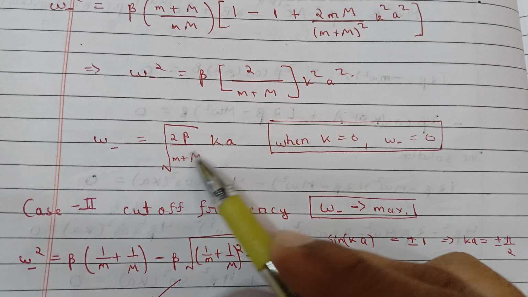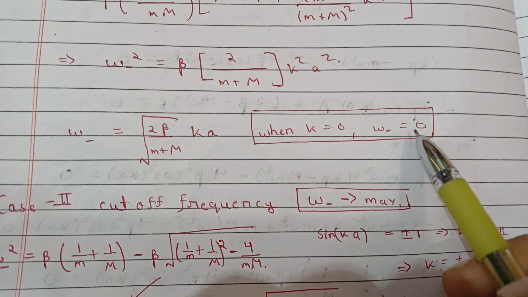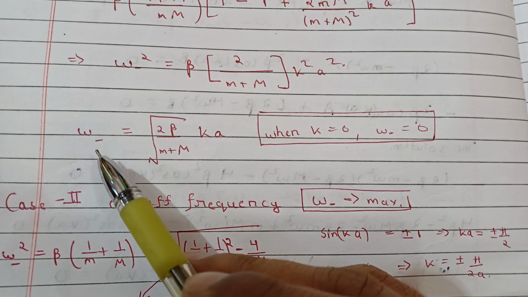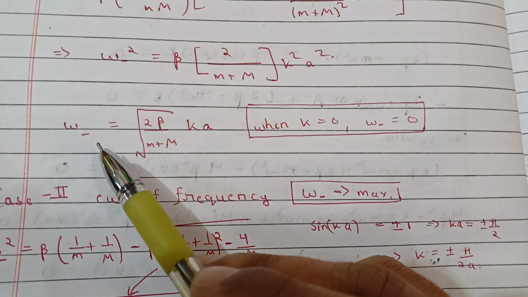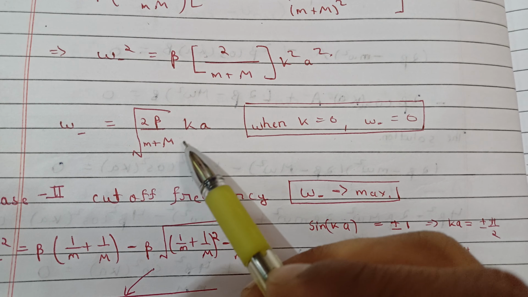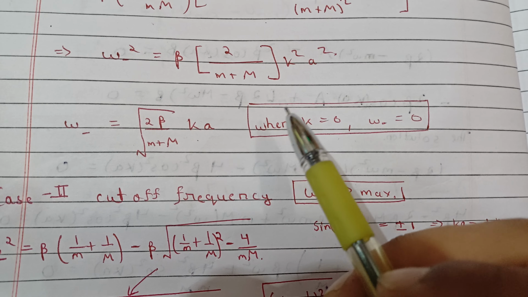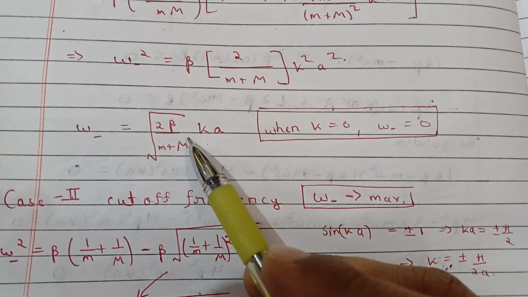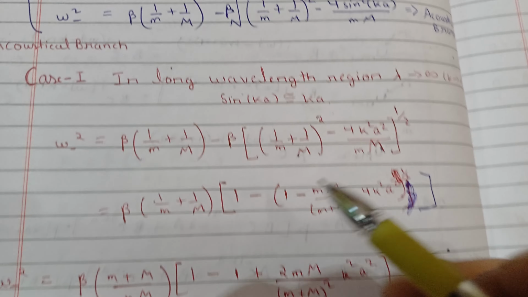When k is equal to 0, omega negative is equal to 0. It's not negative, it's just representing the acoustical branch. It will be 0 for the long wavelength region because k equal to 0 gives us 0.